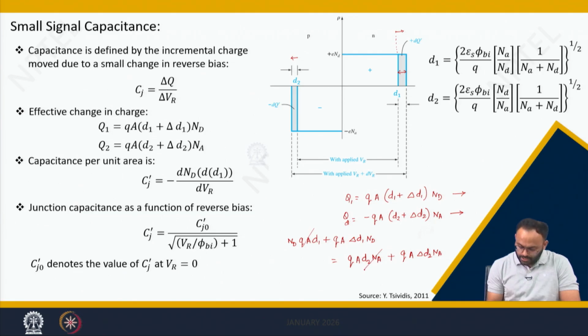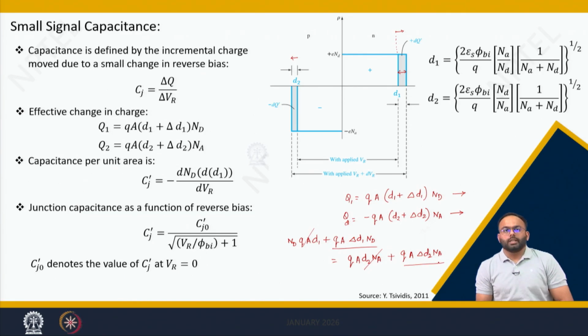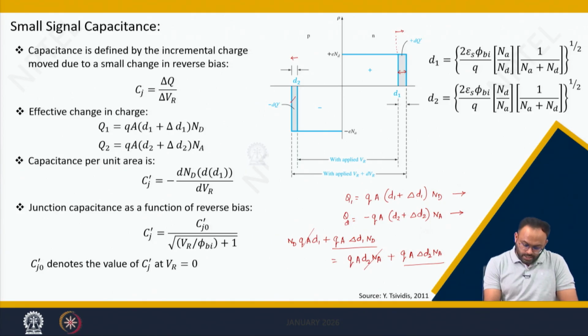These are equal, so we can simply cancel, and now it shows that all are equal. It means the change in the charge at the N side is exactly equal to the change in the charge at the P side. So, to calculate the total capacitance, I can simply write delta Q divided by delta V, where V is nothing but Vr. Here Q I can take either Q2 or Q1. So, let us take Q1.